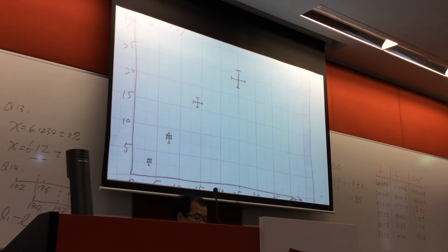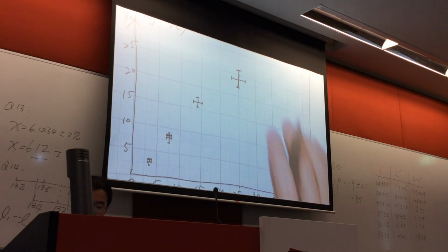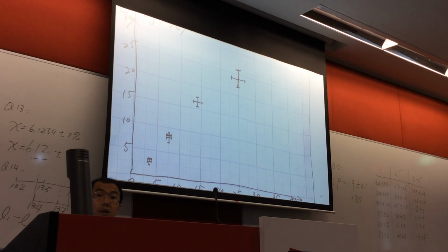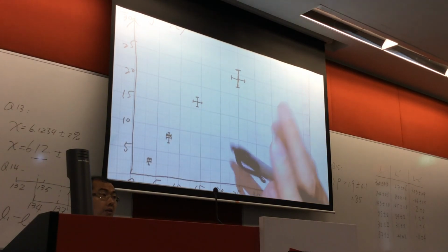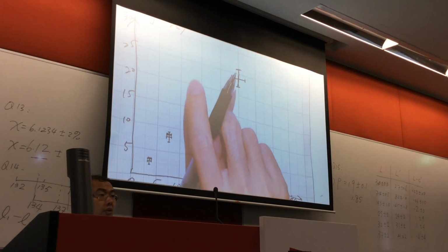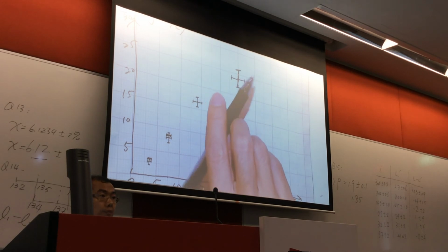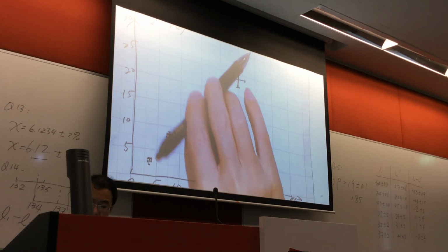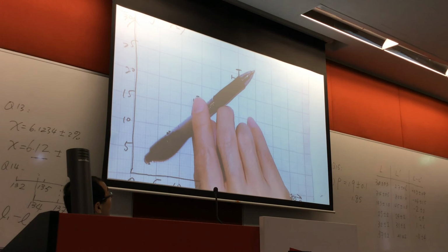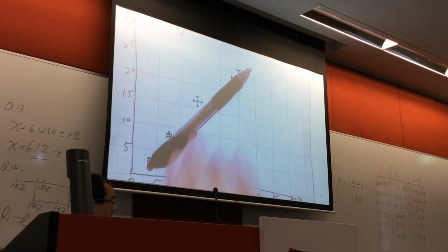Okay, so let's say now you have 6 points. After you draw the 6 points, you can use your ruler to draw a best fit line. Let's say you have a ruler here, you draw a line here.